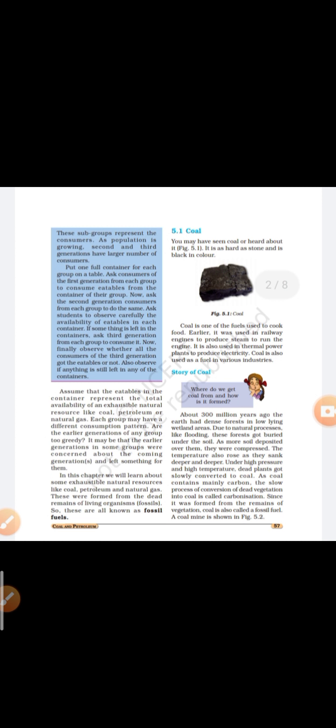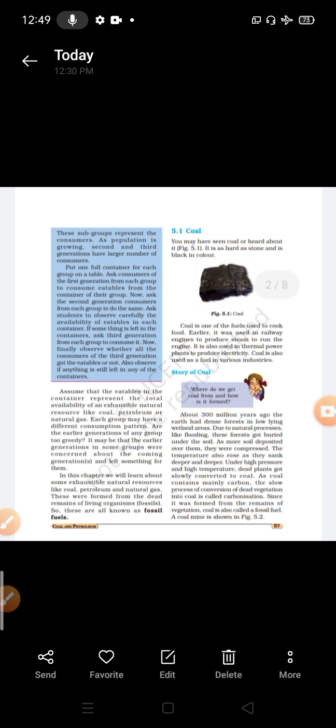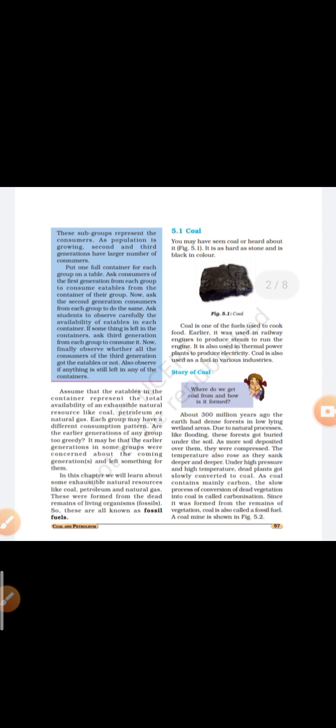All these exhaustible materials were formed from these fossils. Inside the earth these materials are present in a very limited amount, and as we know these materials were made from fossils, that's why they are known as fossil fuels. I hope that much is clear.